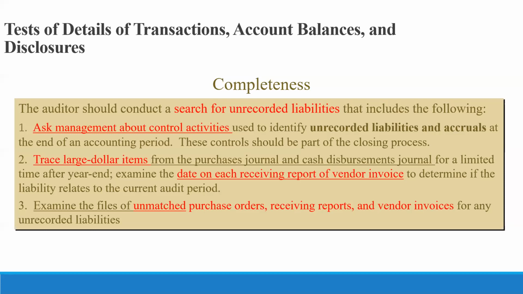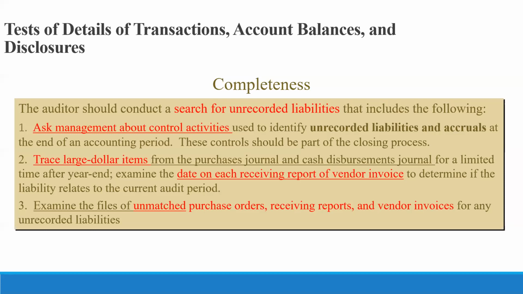First, you need to ask the management about the control activities and also ask, do you have unrecorded liabilities or not? Usually management will say, no, we record everything, right? Then you should do an inspecting procedure.